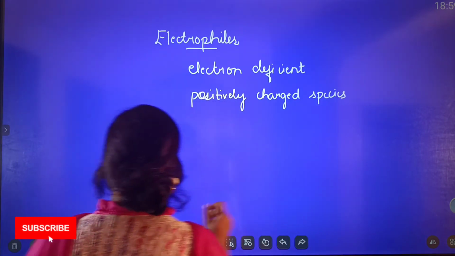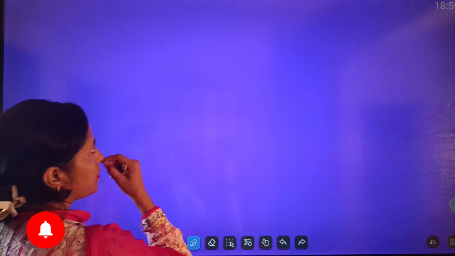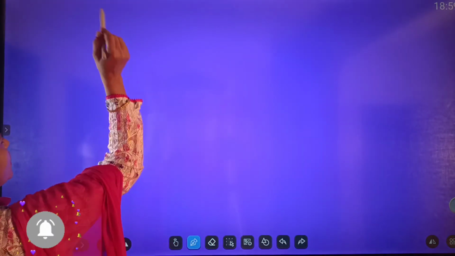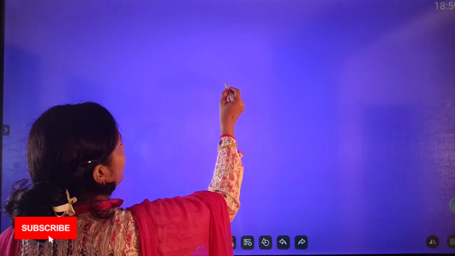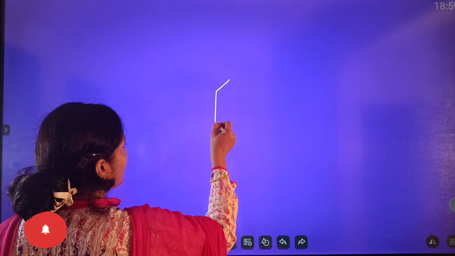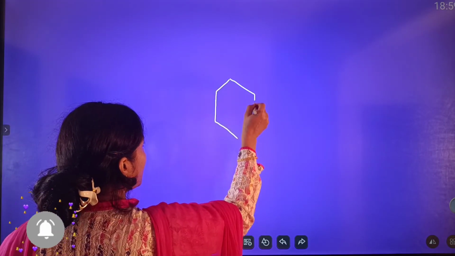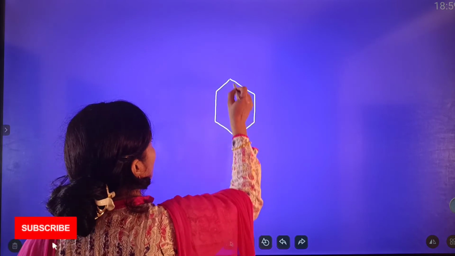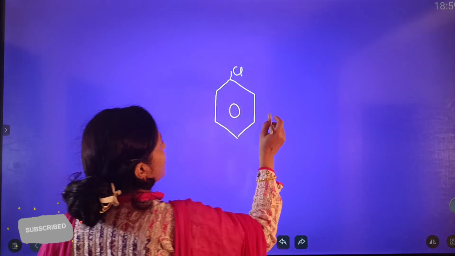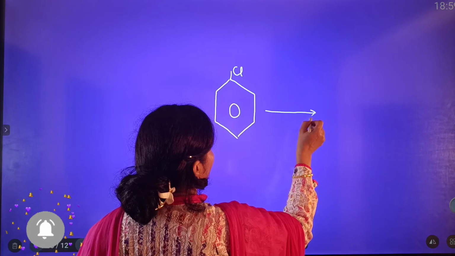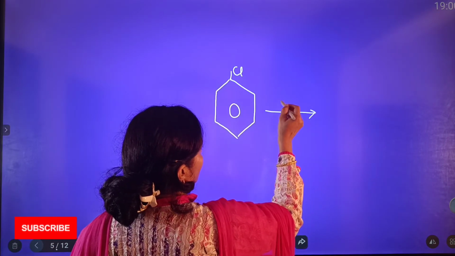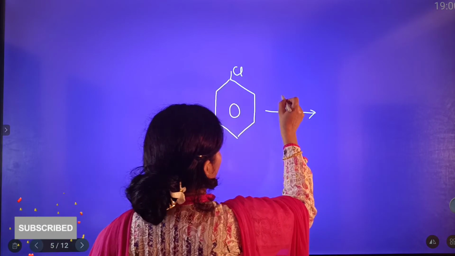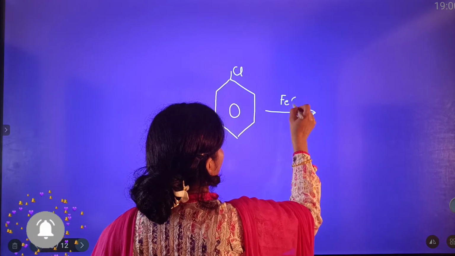So let's have a look at their reactions. First of all, we are taking the halogenation reaction. So let's study in the form of a chart. It will take place in the presence of FeCl3.